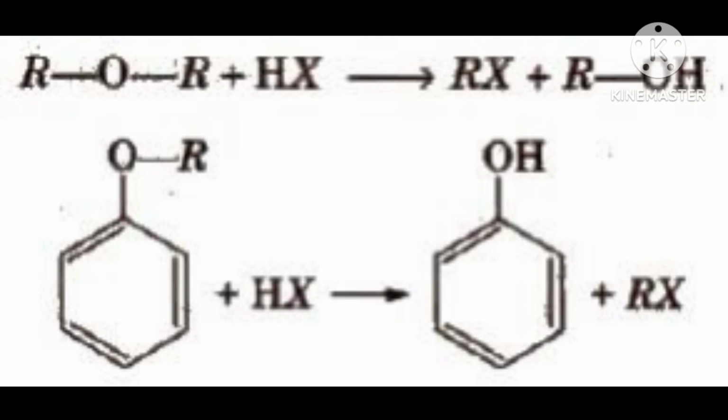Therefore, attack by iodide ion breaks the O-CH3 bond to form CH3I. When the O-CH3 bond breaks, O takes the electrons, CH3 becomes positive, then I minus comes near it and forms CH3I, methyl iodide.